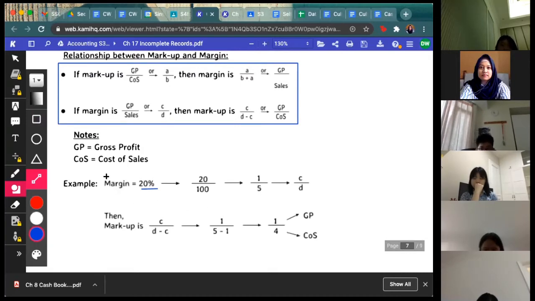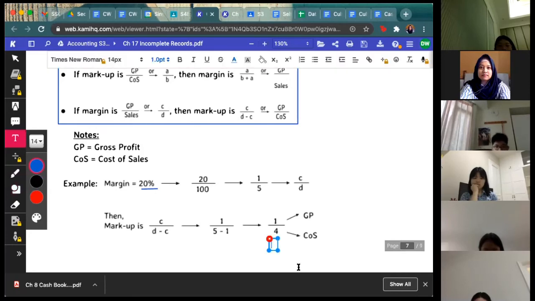So I can change margin into markup: C over D minus C. C is 1 and D is 5, so the markup is 1 over 5 minus 1, which is 1 over 4. If I change it into percentage, it becomes 25%. Simple math.